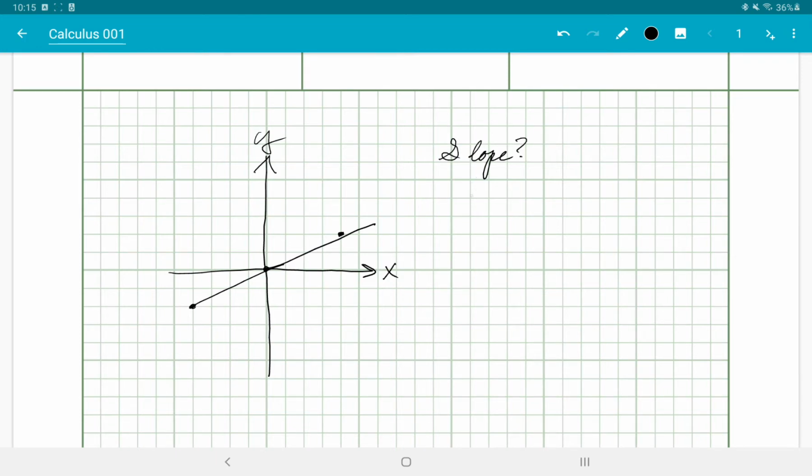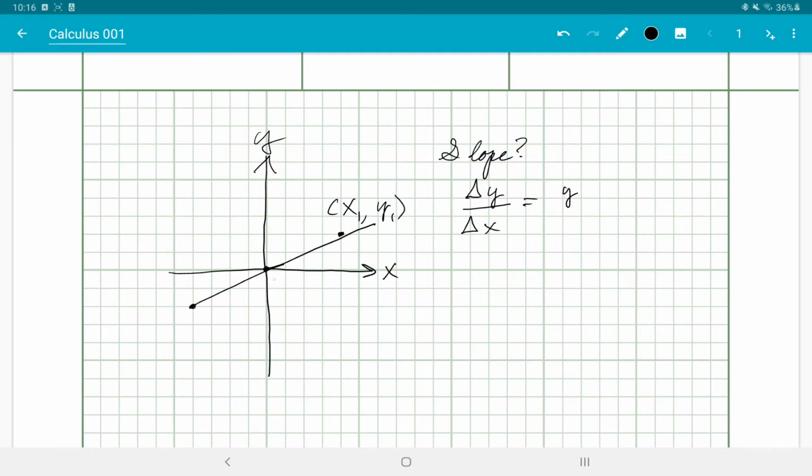Well, it's the change in y, which we represent with the Greek letter delta, delta y over delta x, which is just a really fancy way of saying, let's say these have numbers. This is x1, y1, and this over here is x2, y2.